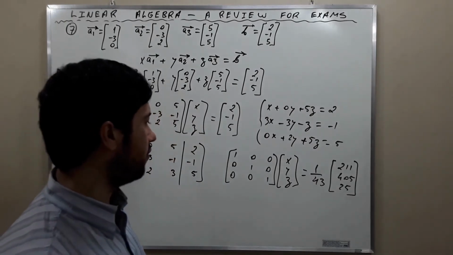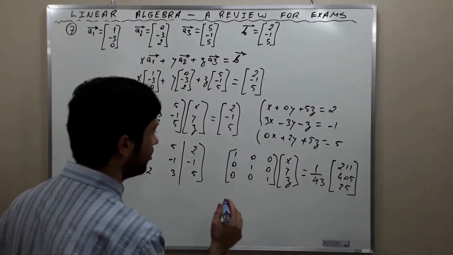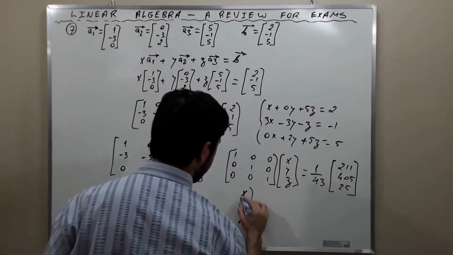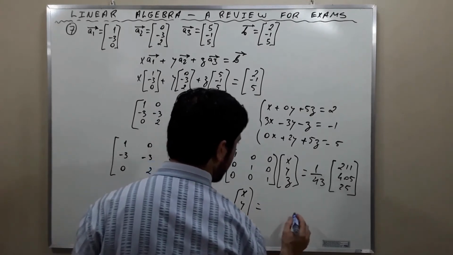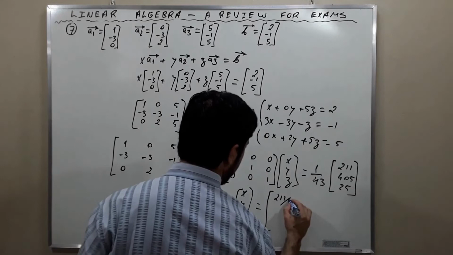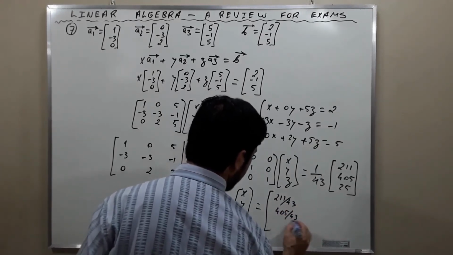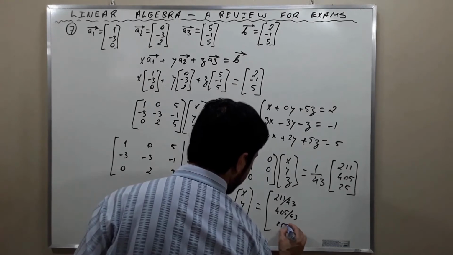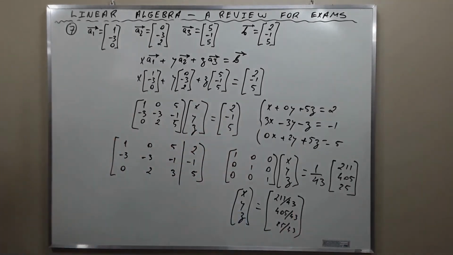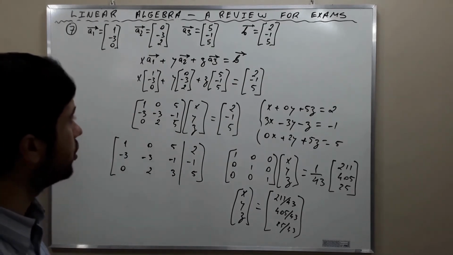Okay, this is the solution. Okay, x, y, and z are equal to 211 over 43, 405 over 43, and 25 over 43. Okay? And the system is consistent. There is a possible solution.